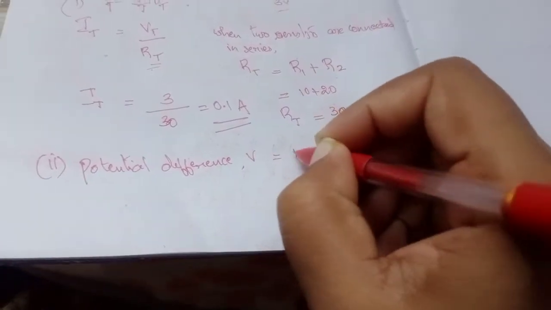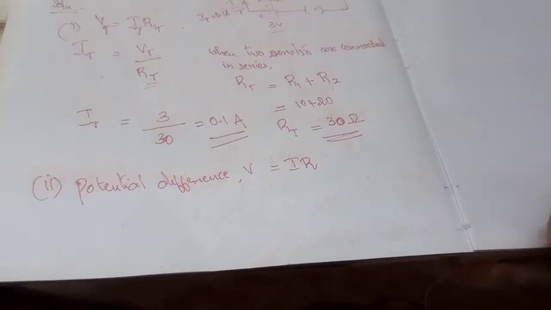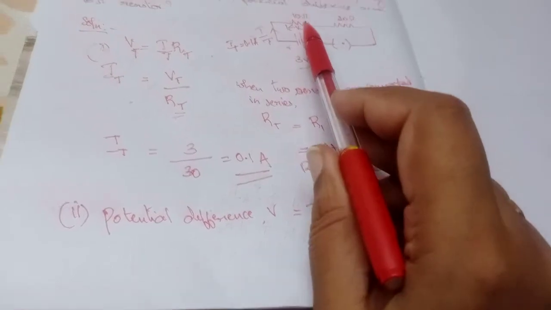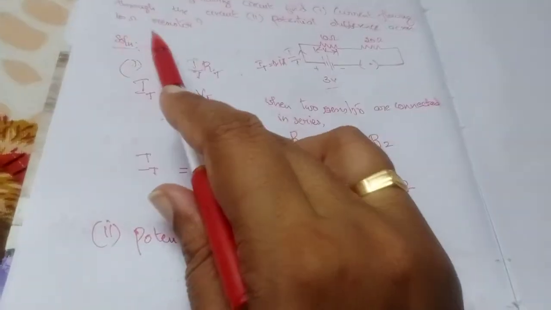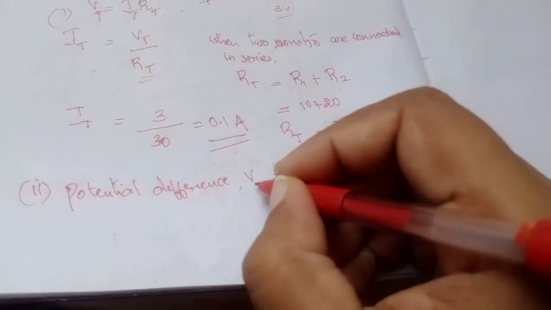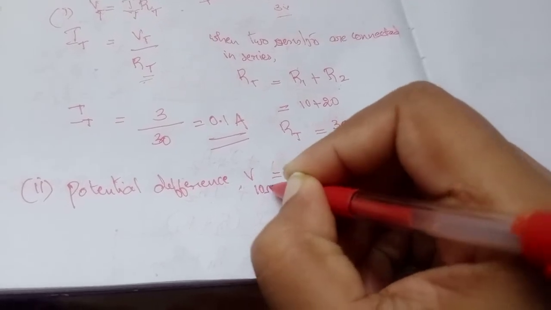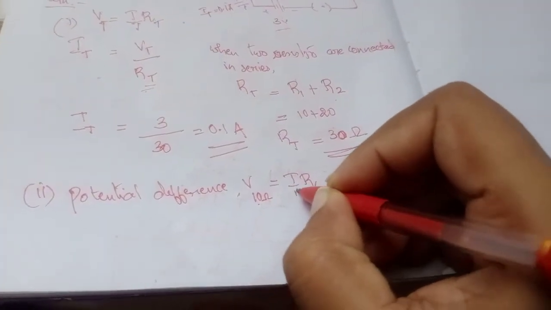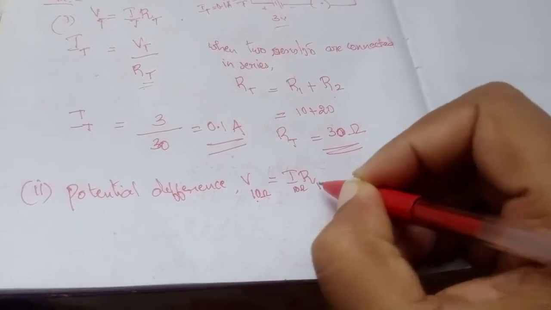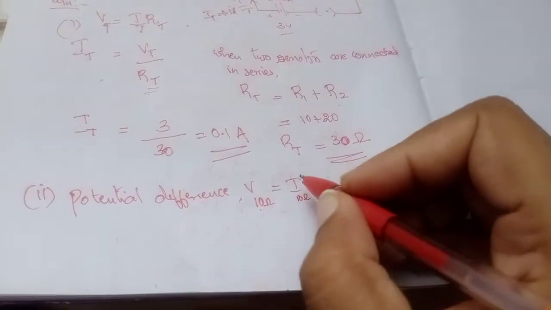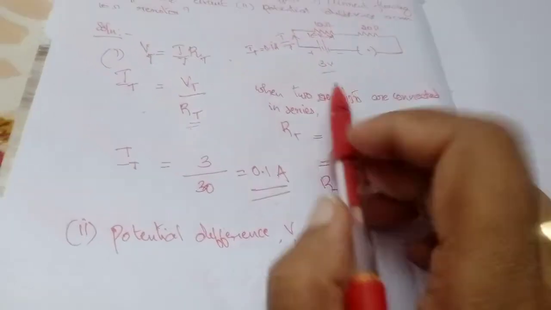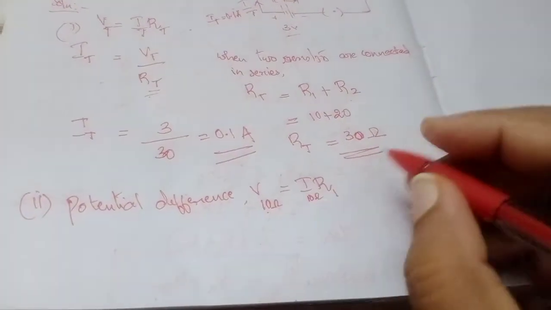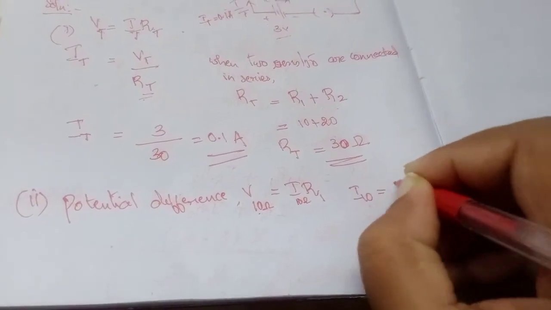V is equal to I into R. So here we can write V 10 ohm, the potential difference of the 10 ohm resistor, is equal to I 10 ohm into R. But we know that when we are connecting in series, the current will be the same. So I 10 ohm will be equal to the total current, IT.